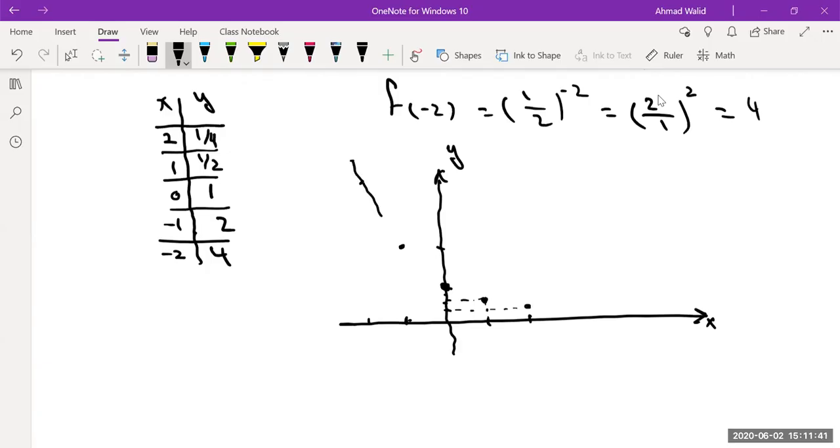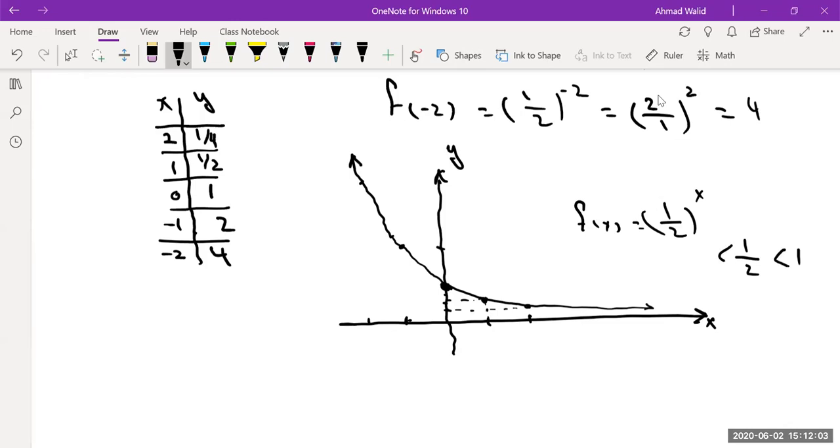You see, if I connect these points with each other, this one will be the graph of f of x equals 1/2 to the power of x. You see, 1/2 is less than 1, greater than 0, which is your b.